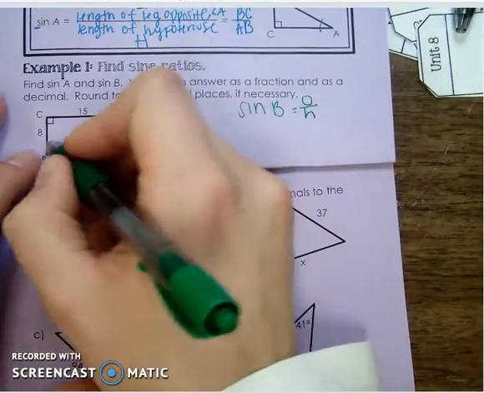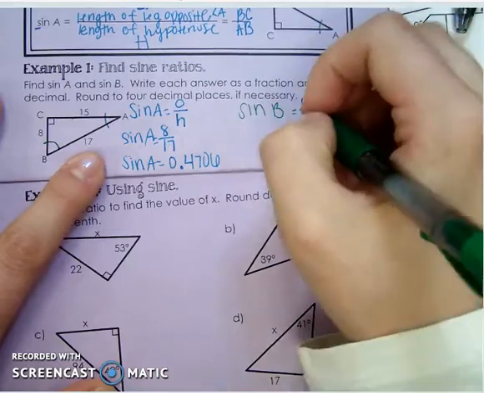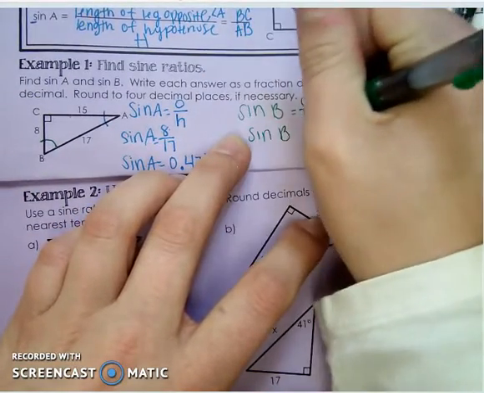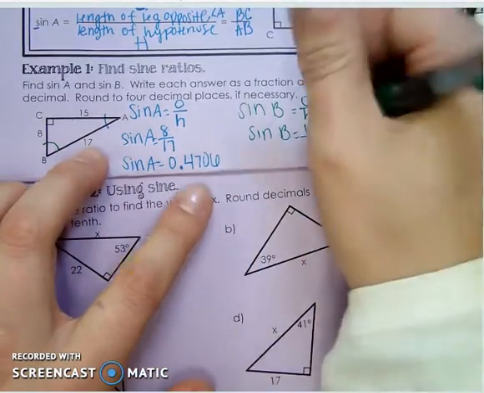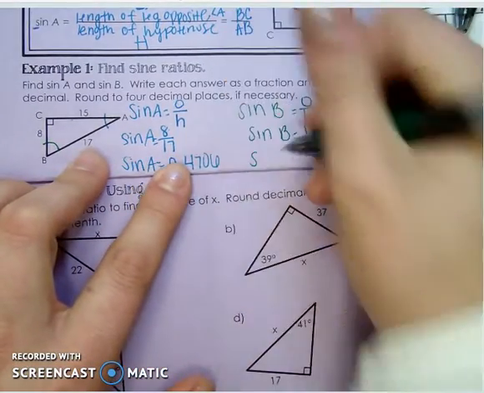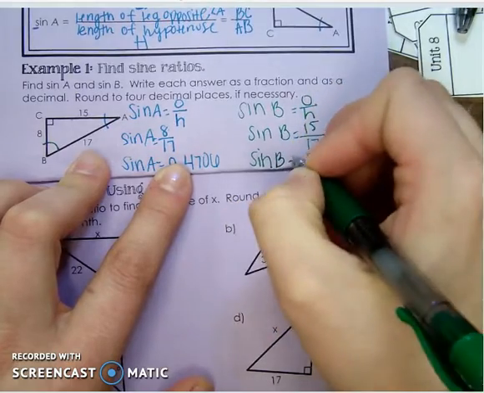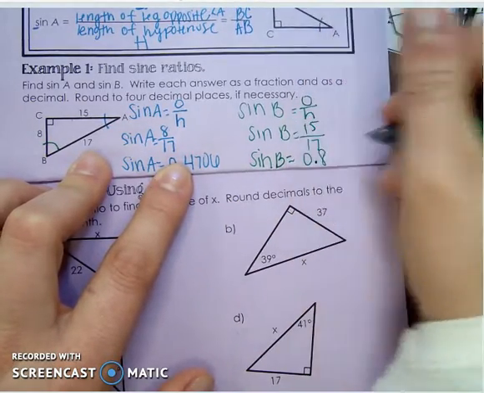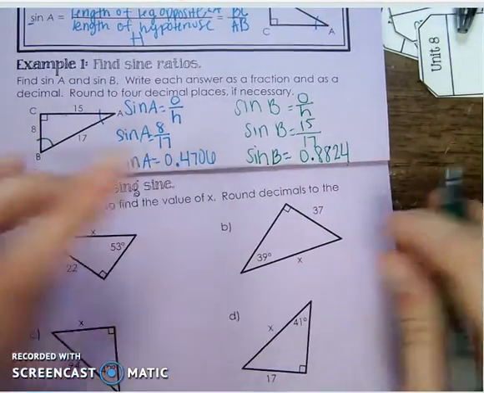The opposite of angle B is 15, over the hypotenuse, which is still 17. And then you can reduce that fraction. The sine of B to 4 decimal places is 0.8824. I'm just dividing there.